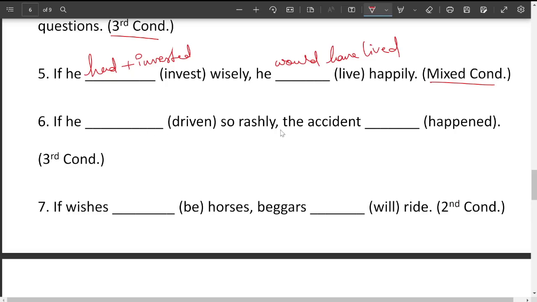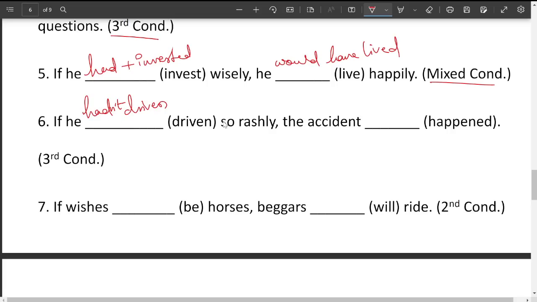Next, sixth one: If he ___ driven so rashly, the accident ___ happened. Third condition. Third condition starts with had plus V3. Now, if he had driven, V3 is nothing but driven again. If he had driven so rashly, what can we use on the other side? See, so rashly, the accident ___ happened. So we have to go with the negative case here.